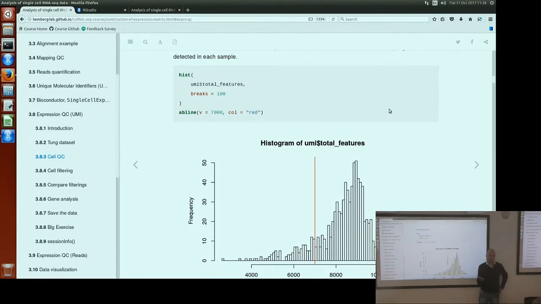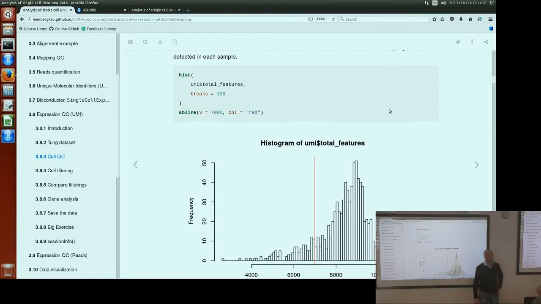You can define a threshold for your genes. You say, I call my genes expressed if they contain more than 5 molecules. This would be a manual threshold. But here we just go for the easiest one.